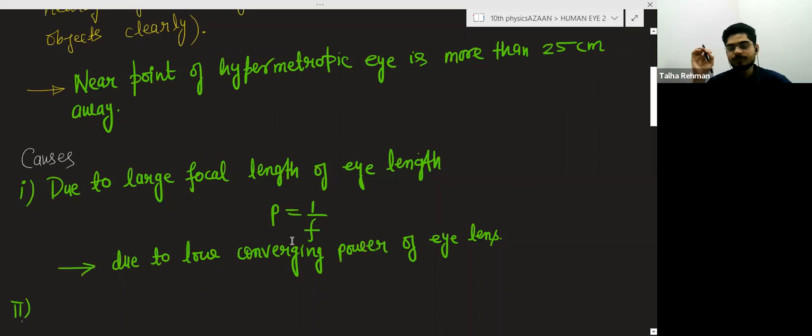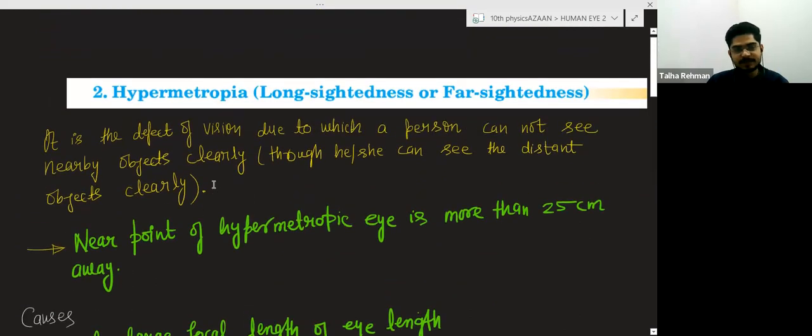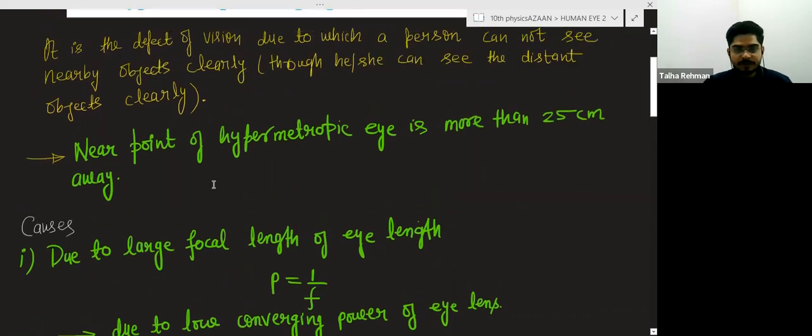In case of hypermetropia, the eye wall becomes too short. Two reasons are there. Now this is the basic definition and the reasons why the person suffers from hypermetropia.